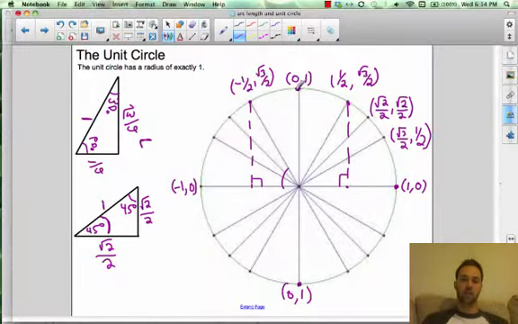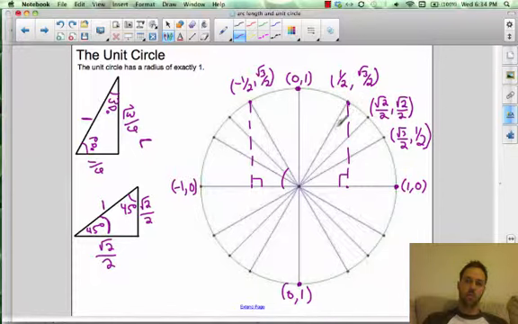So you'll notice in this quadrant, all the x values will now have a negative value, and the y values will stay positive. Everything else will stay the same, so this will be negative root 2 over 2, and then the y value will be positive root 2 over 2, and so on for this one over here. Now once you get below this half of the circle, over here, our x is negative and our y is negative.